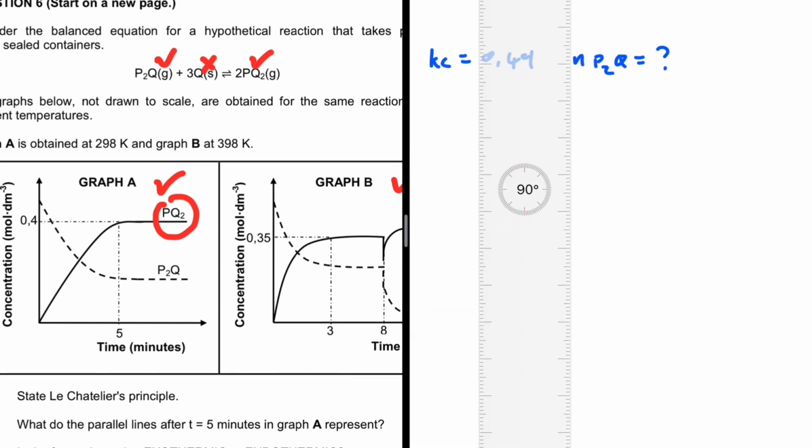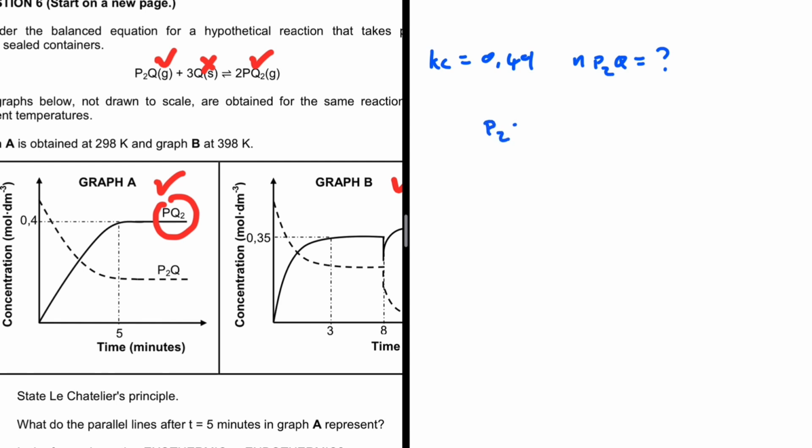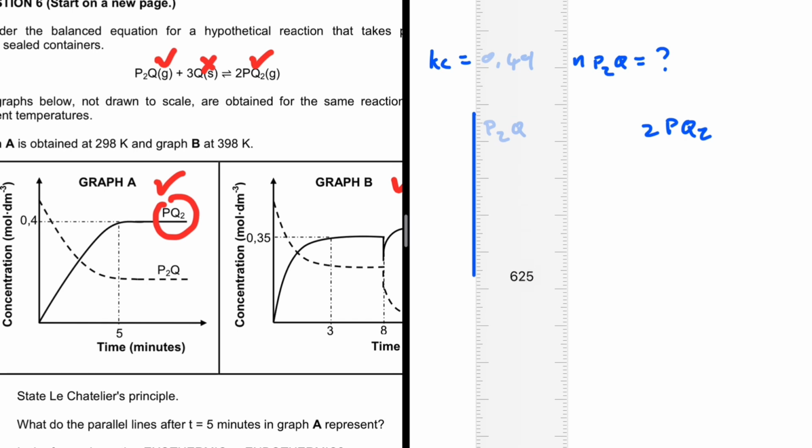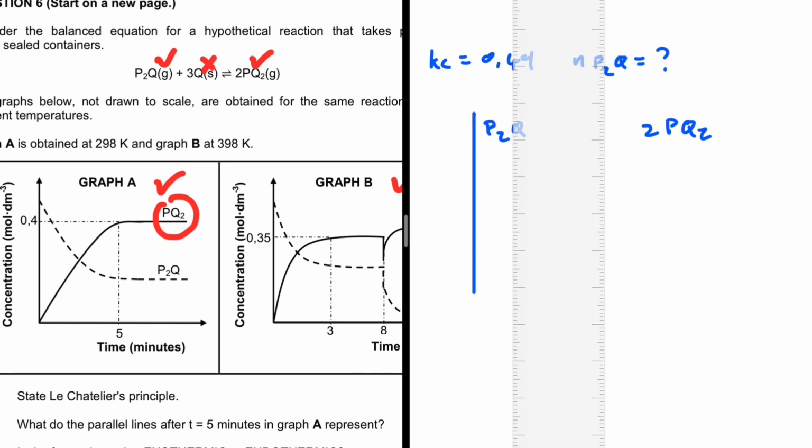So let me show you what I'm talking about. So we're going to draw our table. We have our 2 compounds, P2Q and PQ2. Okay, that is what we have. And then let me draw a table here and show you what I'm proposing.